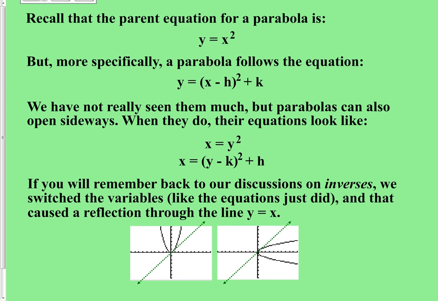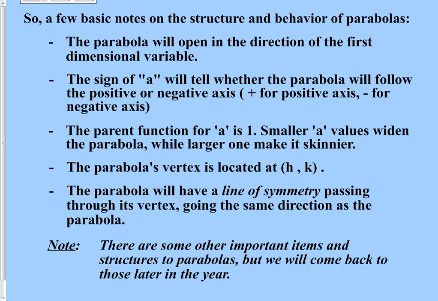And we started actually graphing the parabolas. So the parabola opens in the direction of the first-degree variable. We've seen that here lately. The sign of the a coefficient will tell whether the parabola follows your positive or your negative axis. We've seen that as well. Our parent function value of a is 1.